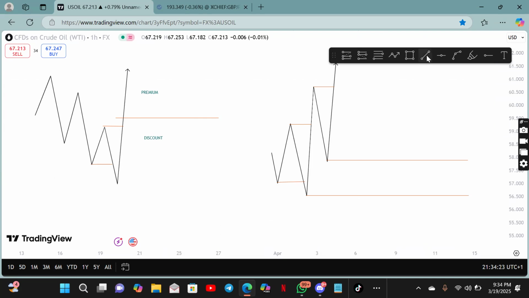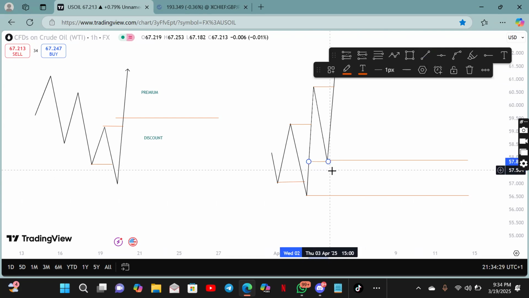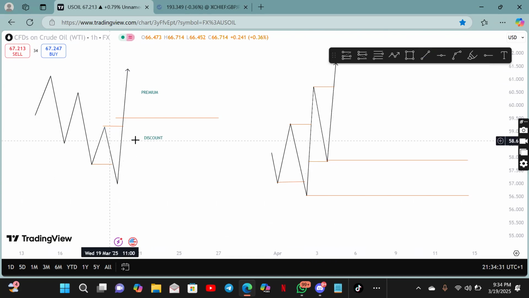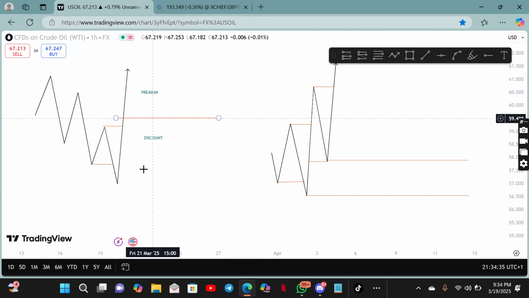So now that you have this, what you'll be looking for in this particular zone, remember, you are only selling here, and in this down zone, you are buying here.